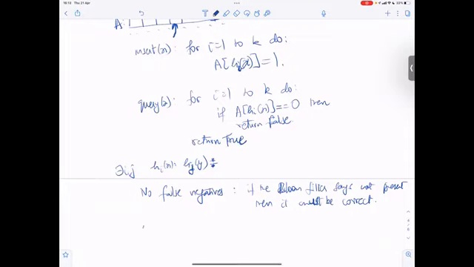But there is a small probability of false positive. That is, the Bloom filter says present.